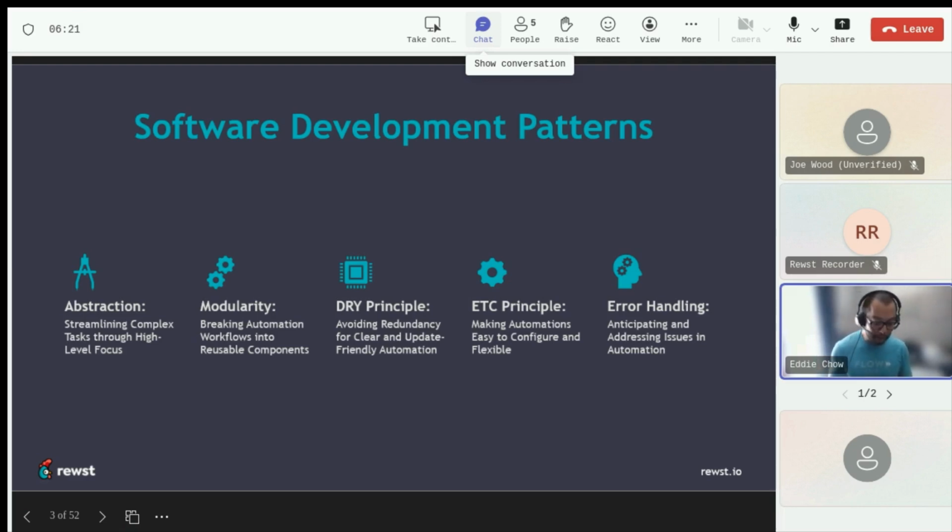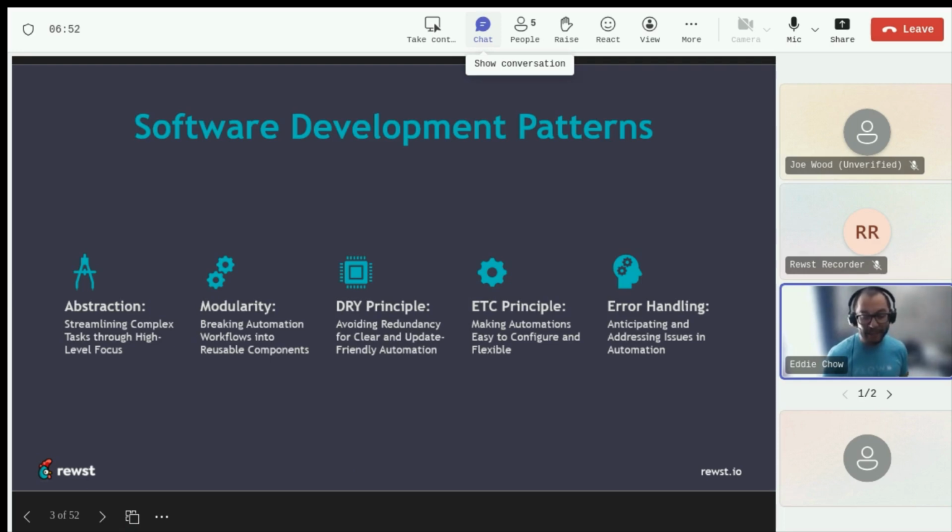Now, the other two things we're focusing in on today is abstraction: how can we take complicated processes and only focus in on the high level aspects of it, and modularity: how do we break apart pieces of our automation so that we can reuse those parts in other places? The analogy that you'll often hear when designing modularly is as if we're building with Legos.